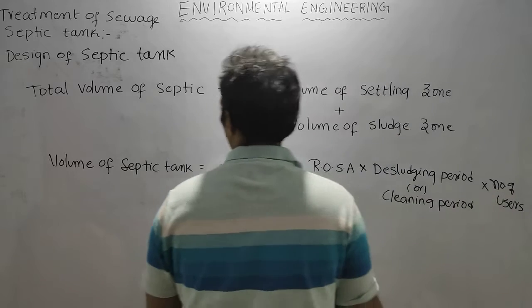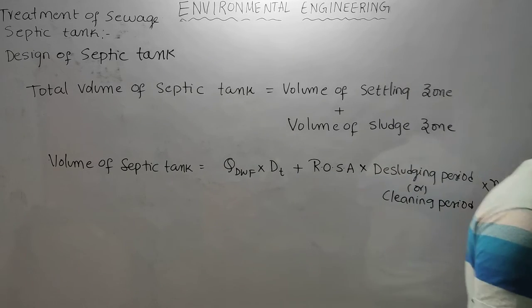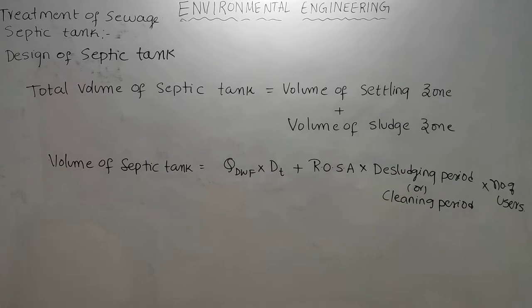So this is the formula to find the total volume. We have found the volume separately for the settling zone and separately for the sludge zone. So this is the total volume of the septic tank.